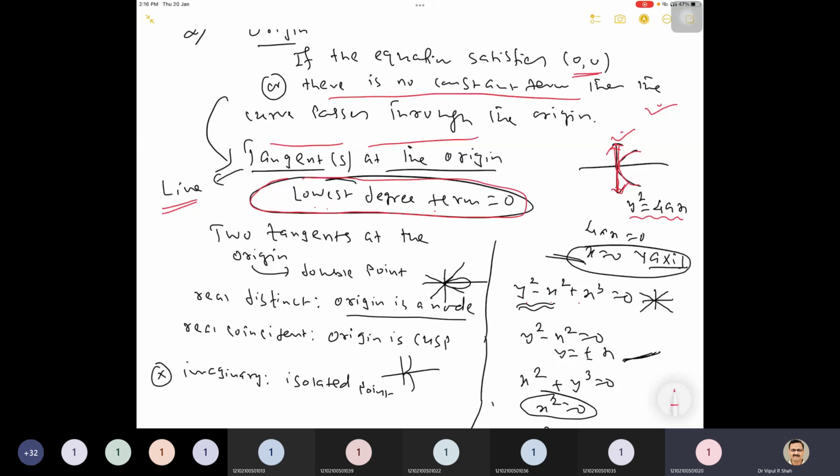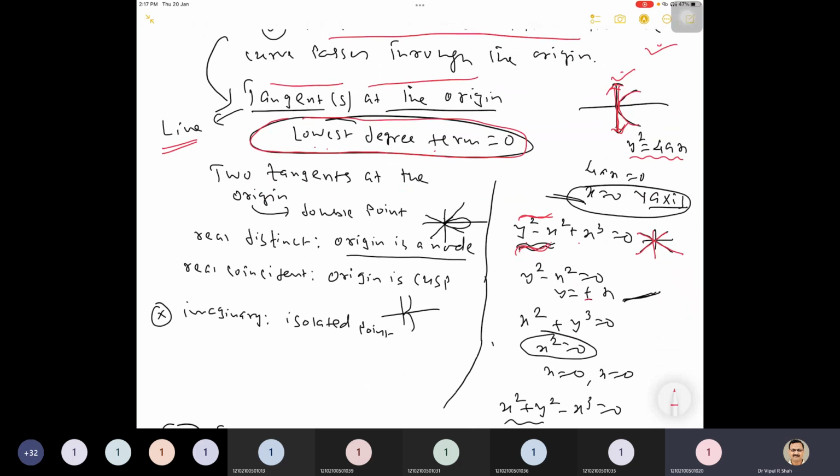After that, x square and y square. So y square minus x square is the lowest degree term. If you put y square minus x square equal to 0, you will get y equal to plus minus x. So there are two tangents like this. This is a tangent, this is also a tangent, two lines. And both are real and distinct.